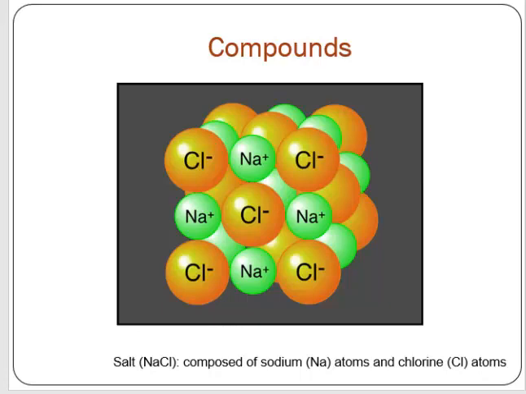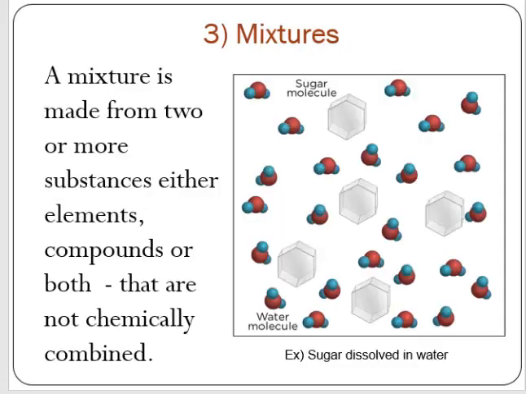All right, and then the third type of matter is called a mixture. This is where you literally mix them together. So it's a mixture. It's made of two or more substances, either elements or compounds, or even both, that are not chemically combined. As we talked about from the previous one, this is a little water molecule right here where you can see the two hydrogens are chemically bound to the oxygen. We also in this mixture have this piece of sugar molecule.